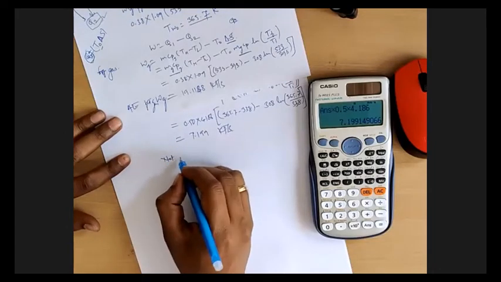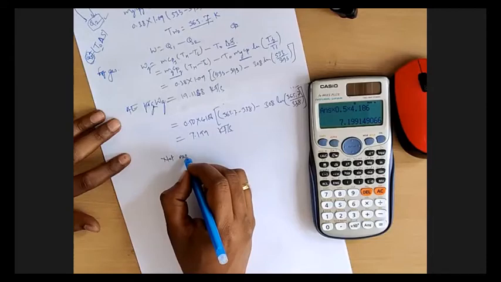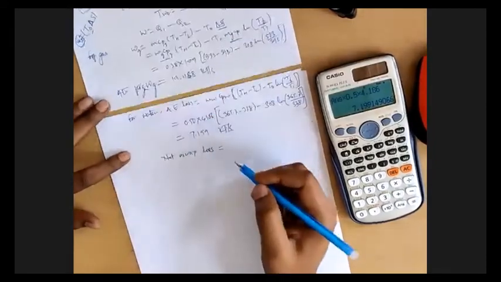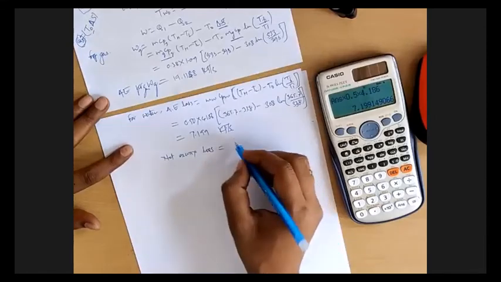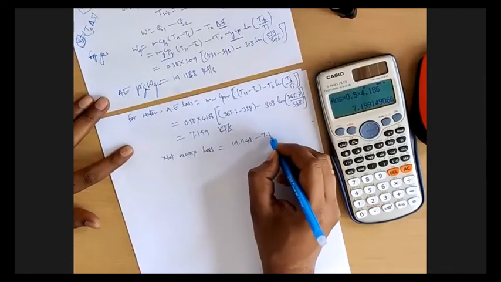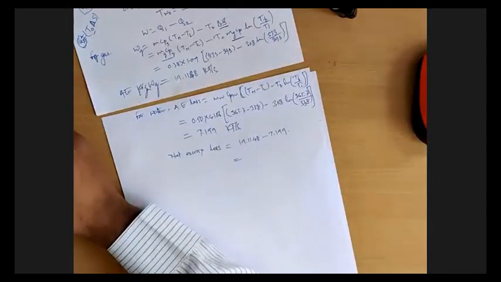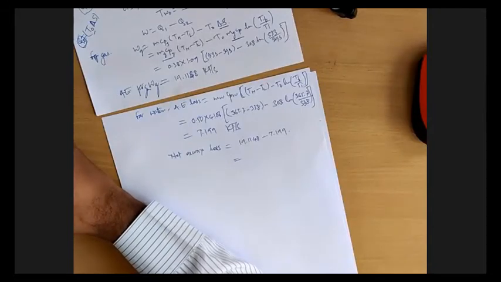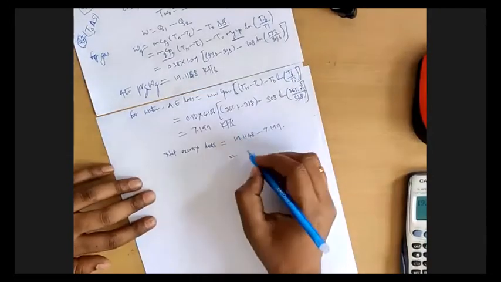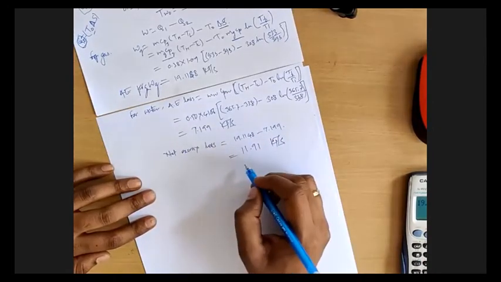So net exergy loss is equal to, we need to take difference between those two, so 19.1148 minus 7.199, and that is equal to 11.91 kilojoules per second.